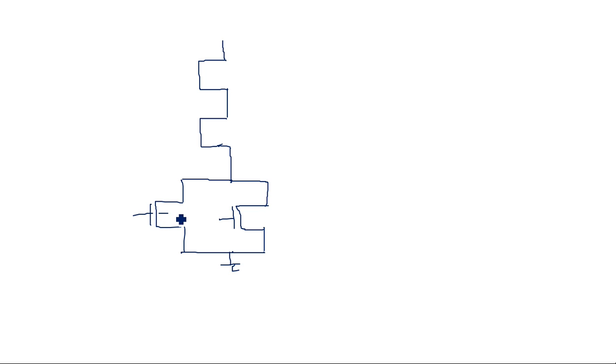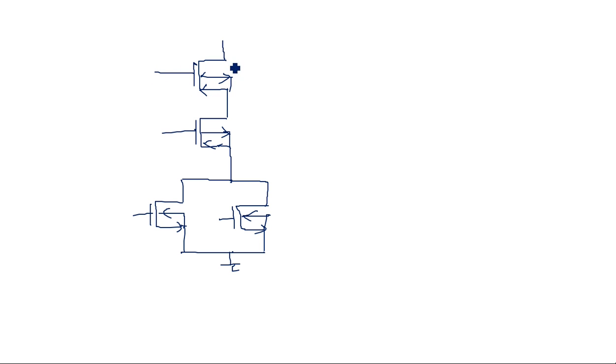If you take the substrate terminal, for NMOS the arrow should be outside. For PMOS, source and substrate are connected together, and the arrow comes outside and here it goes inside, and here also the arrow comes outside and goes inside for the PMOS transistors.